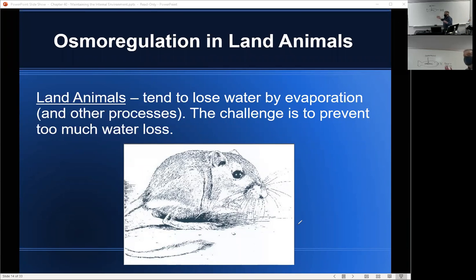Okay, and this is important because those are the structures that are involved in reabsorbing water from urine. We'll talk in a lot more detail about how that happens a little later in the chapter. So that's how the kangaroo rat deals with osmoregulation. It has a very specialized kidney to prevent too much water loss, which is important because it lives in a desert environment.